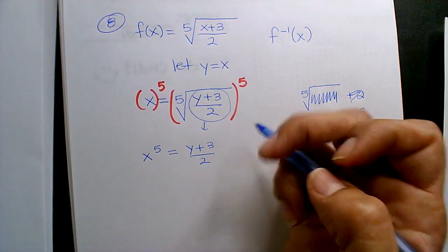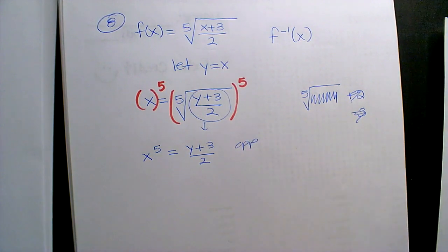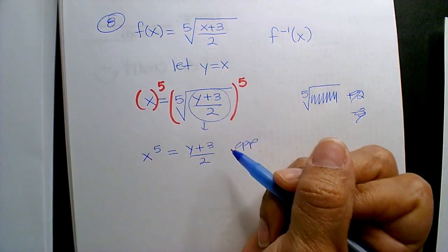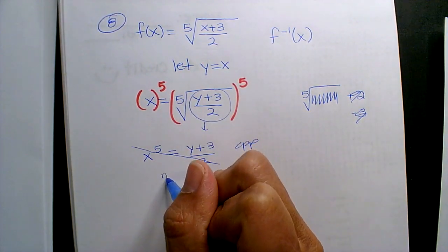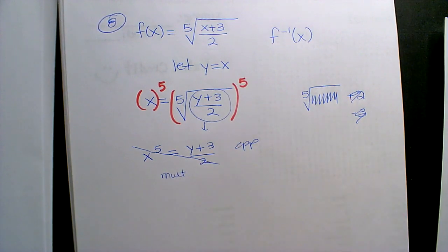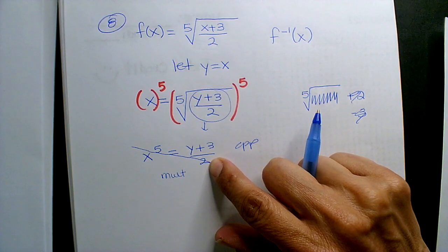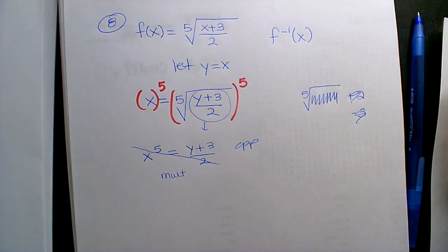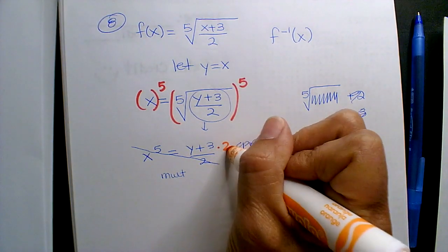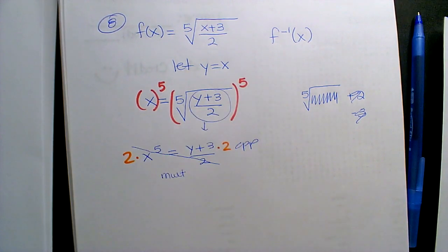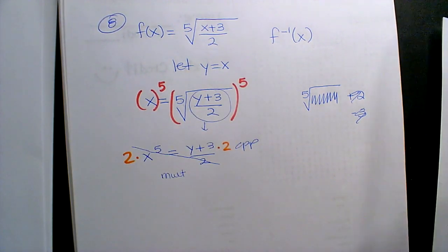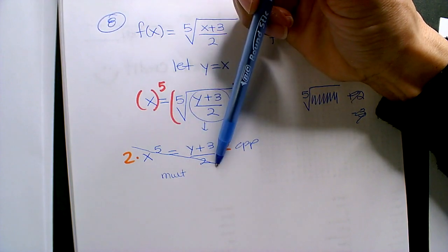Okay, so now you're back to the cross product property, which I said here, I don't want to switch, I'm going to straight multiply. Or you could think of it this way, if this 2 is a denominator, I'm going to multiply by 2 to both sides, right? But for those of you that want to cross product, you can multiply diagonally.